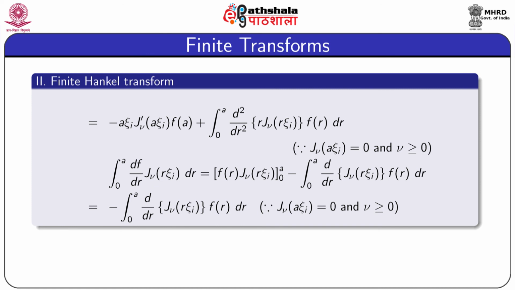Now, applying the condition J_nu(a xi_i) equals 0, the value of the integral becomes minus the integral from 0 to a of d by dr of J_nu(r xi_i) into f(r) dr.